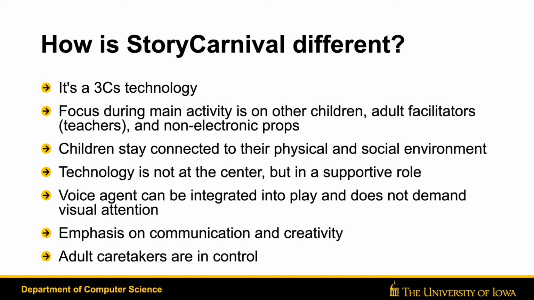Once they start playing, and that's the majority of the time in the activity, they're basically playing with each other, looking at each other, talking to each other, talking to the adult managing the activity, and playing mostly with non-electronic objects except for the voice agent, which is optional. You don't have to use it, but it can be useful in engaging children.